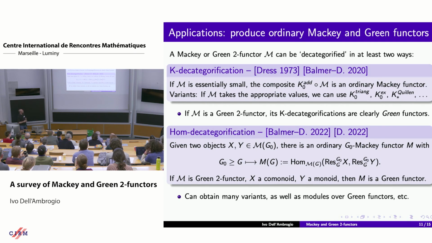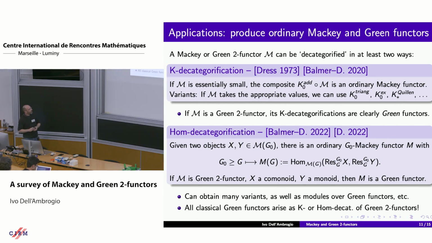Now, all right, that's very good. And even better, if you look at all the classical green functors, which you know the name of, each of them arises in one of these two ways from one, or maybe more than one, of the symmetric green two functors that I listed before, or some variant, which was really my motivation to axiomatize green two functors, to explain where all these projection formulas come from, okay?